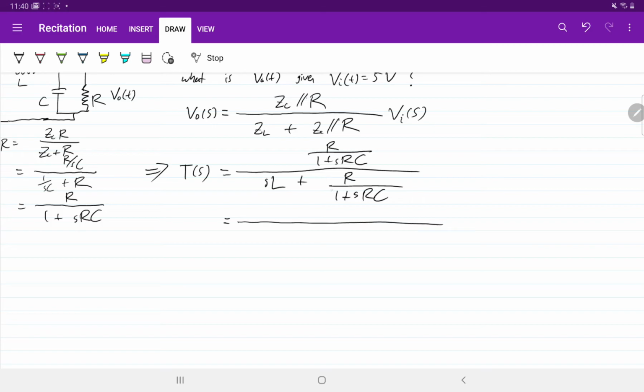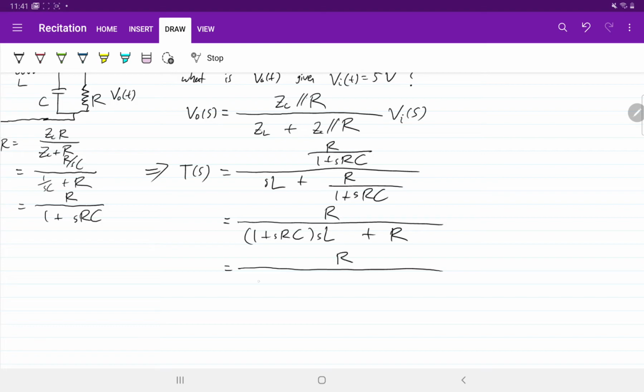Multiply numerator and denominator with 1 plus SRC. You have R over 1 plus SRC plus SL over R. Okay, so what is this?